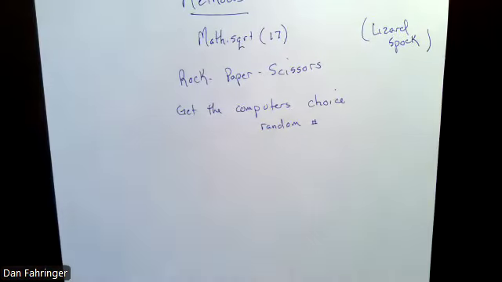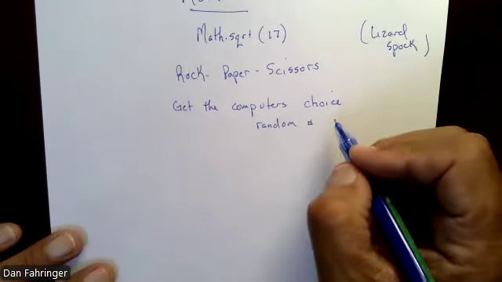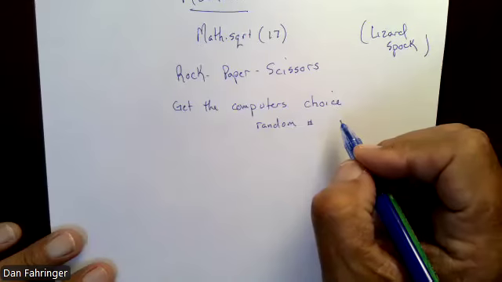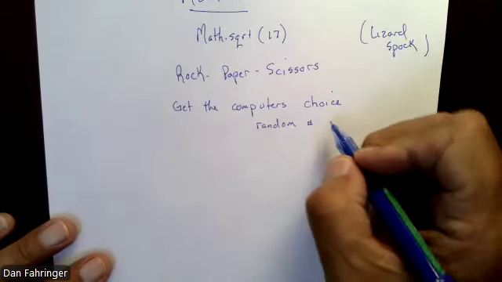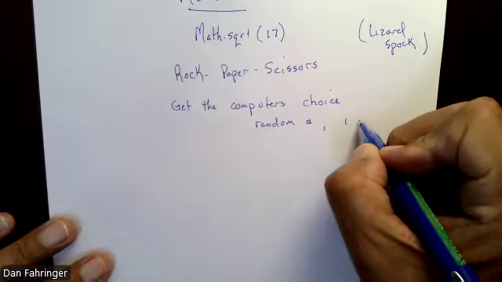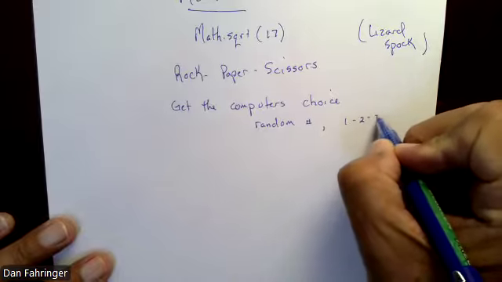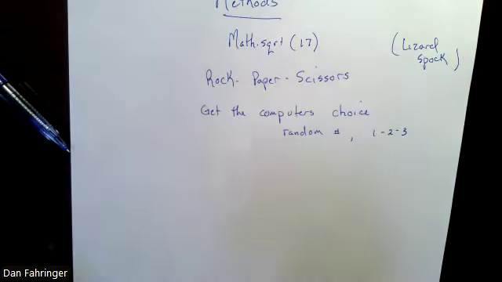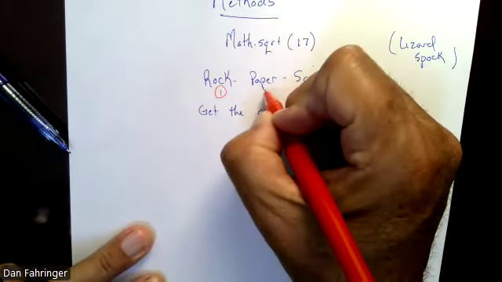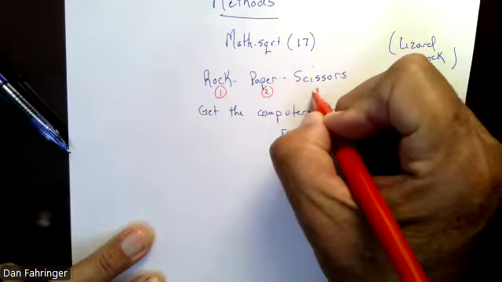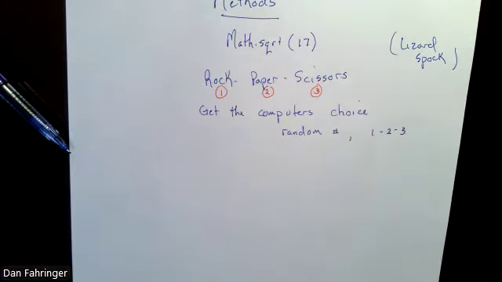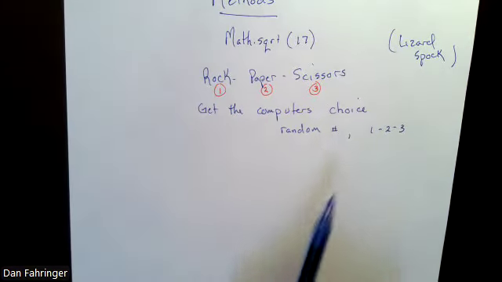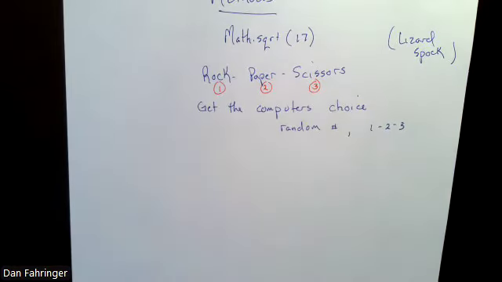And as we're talking about this, what random numbers are we going to use? I guess we could use 0, 1, 2 or 1, 2, 3. Yeah, I like 1, 2, and 3. And in my notes ahead of time, I'm going to say rock is 1, paper is 2, and scissors is 3. Follows the name of the game. So we're going to come in, and this is going to be a block of code. Hey, go tell me what the computer's choice is.